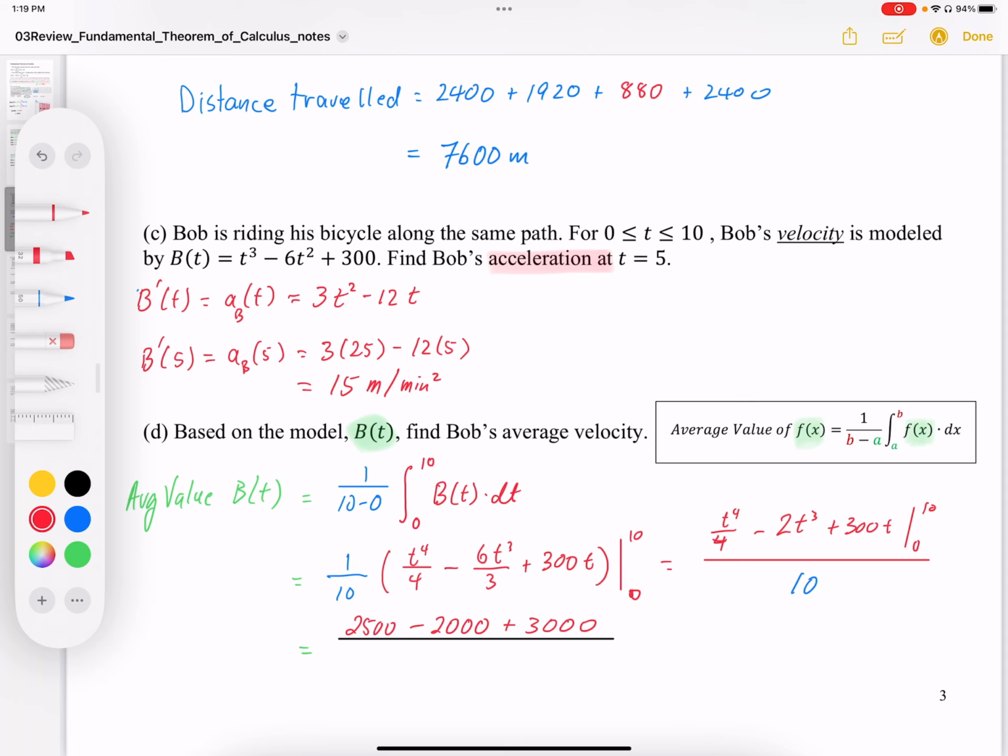So it looks like he goes a distance of 3,500 meters when I work that all out. That's going to be meters, and that's all over 10, which is 10 minutes, which gives us the average velocity as 350 meters per minute.